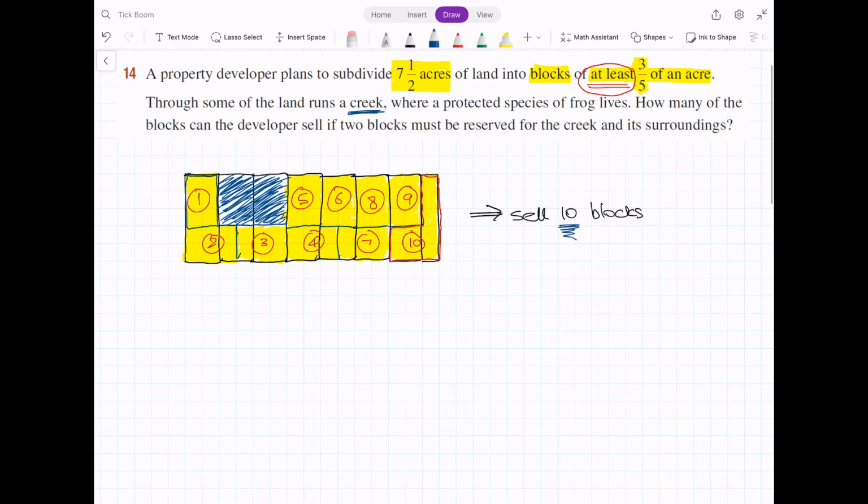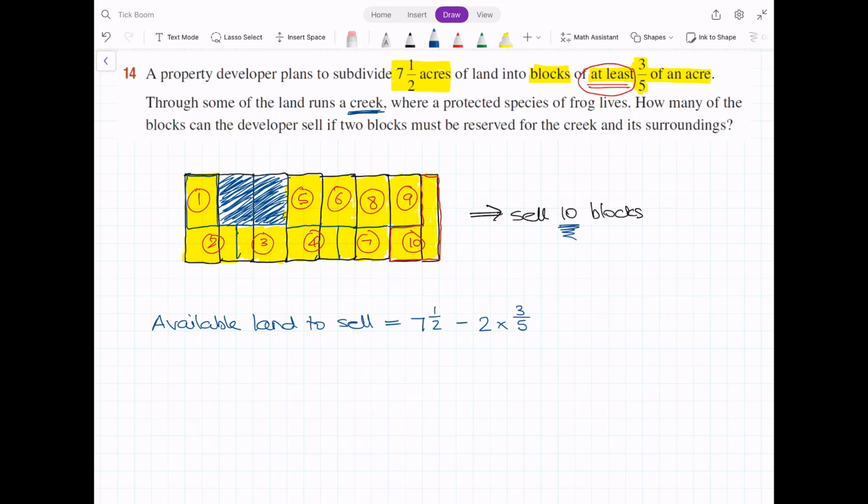So I'll say the available land to sell would be equal to the 7.5 acres that we have in total minus 2 times the 3/5 acre blocks that we need to set aside. So to help do this subtraction, it's always going to be helpful to have a common denominator.